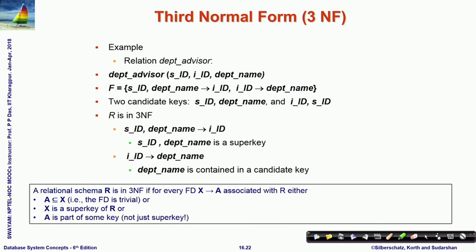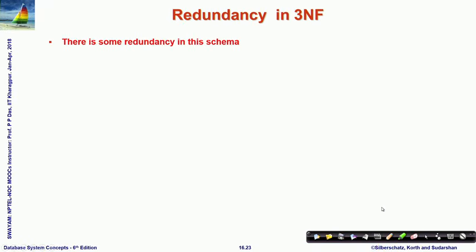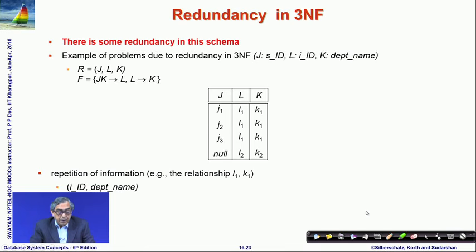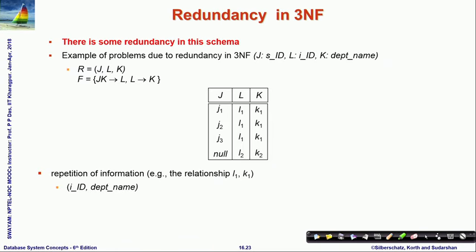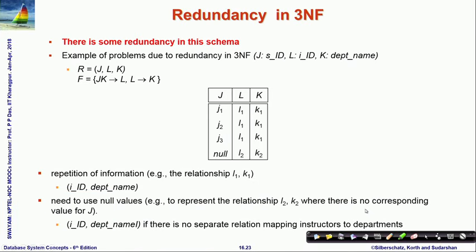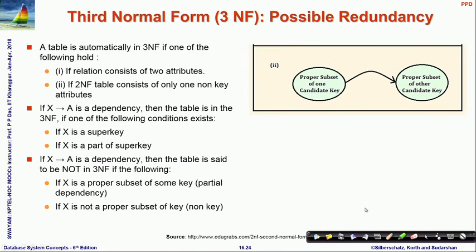So, it is in 3NF due to the third condition that we have shown. There is some redundancy in this schema that you can observe. This is just constructed, and because of this redundancy, we have had to use null values in this case. So, in third normal form, there is possible redundancy coming in, and these are the different cases that we have to check through.